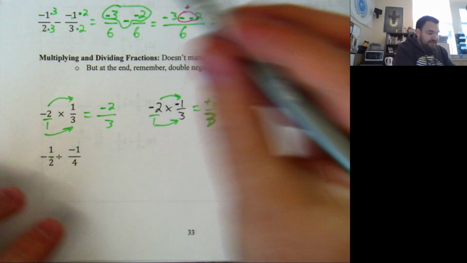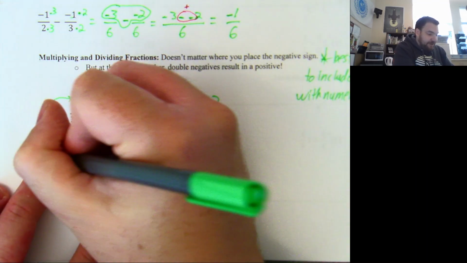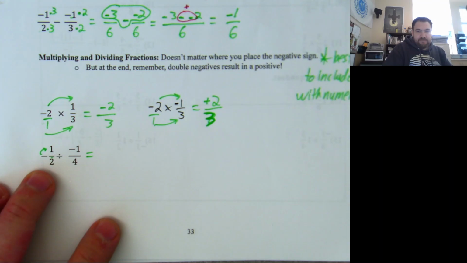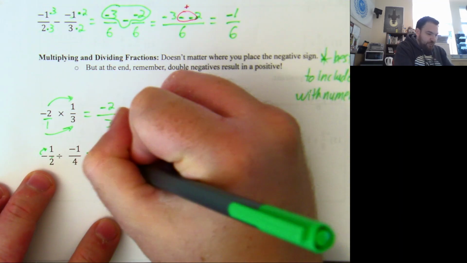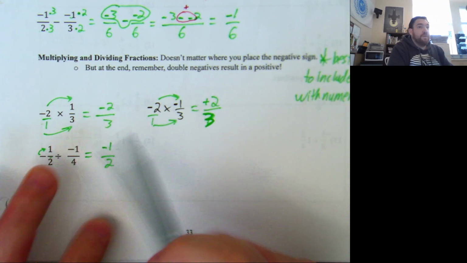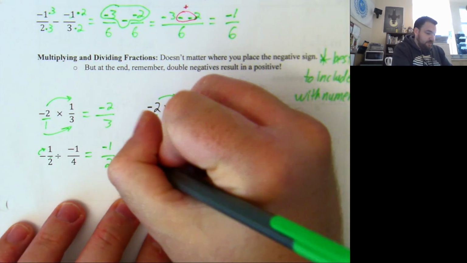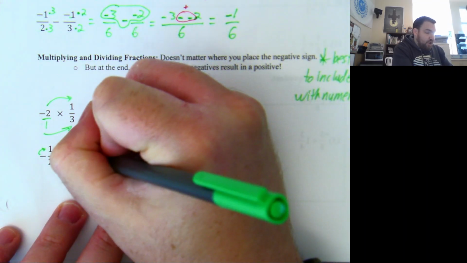So what we're going to do here is that negative 1 over 2, I'm going to bring it up into the numerator. I'm going to absorb it into that. So this thing's going to become negative 1 over 2. Because I'm dividing by a fraction, what's the technique? We're going to flip this thing.